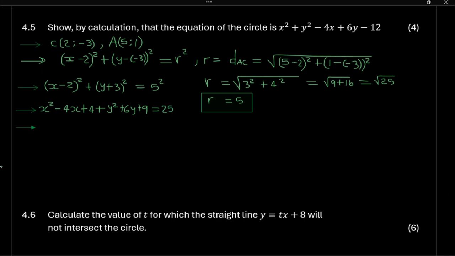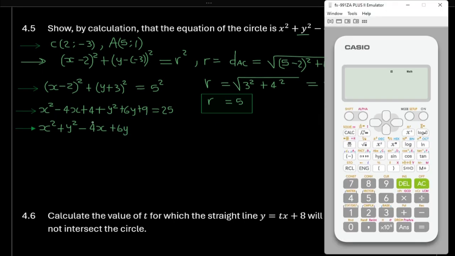5 squared is 25. Then it is equal to, so we collect like terms: x squared, and then we have y squared. That plus that gives us 16, and then 16 minus 25. So that is going to be 6y there.